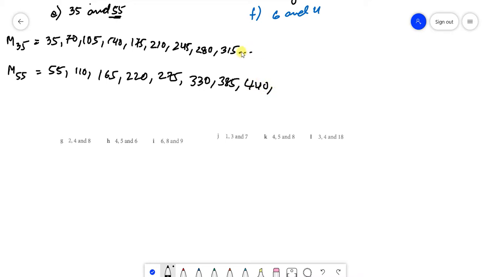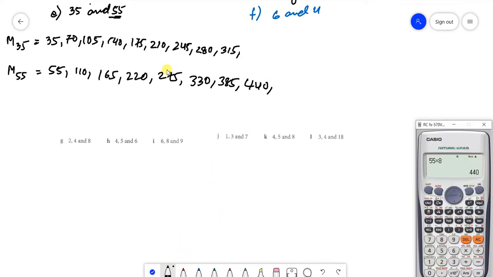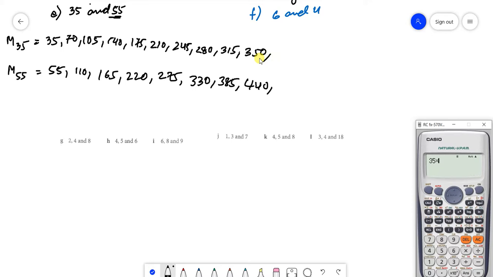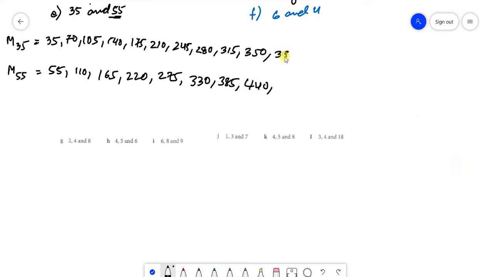Okay, let's check with this one. Take the eraser. Okay. 35 times 9 is 315. Okay, 35 times 10 is 350. 35 times 11 is 385. Yes, here we have it. 385.